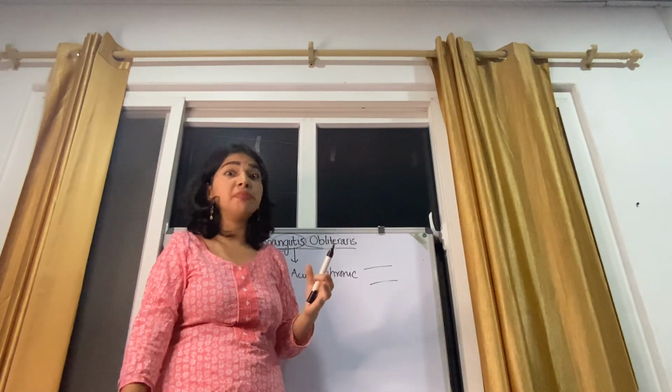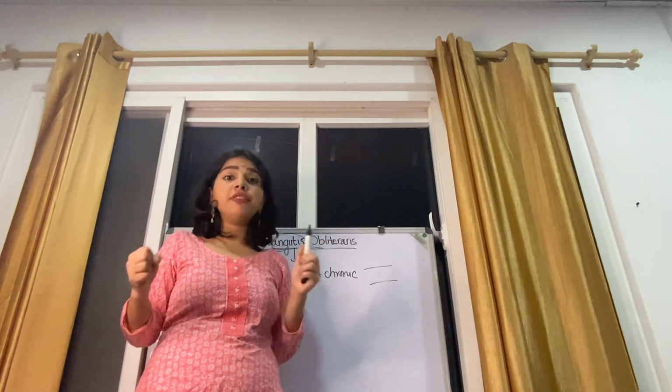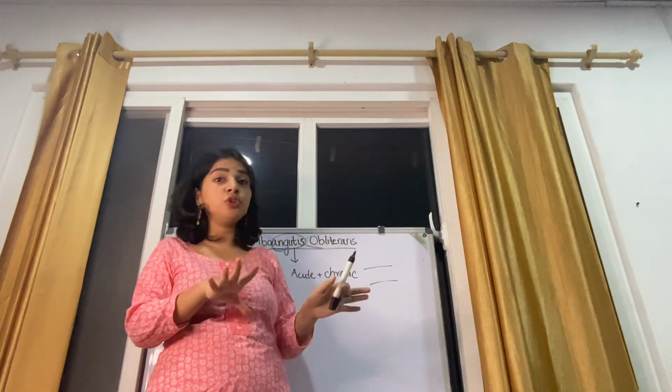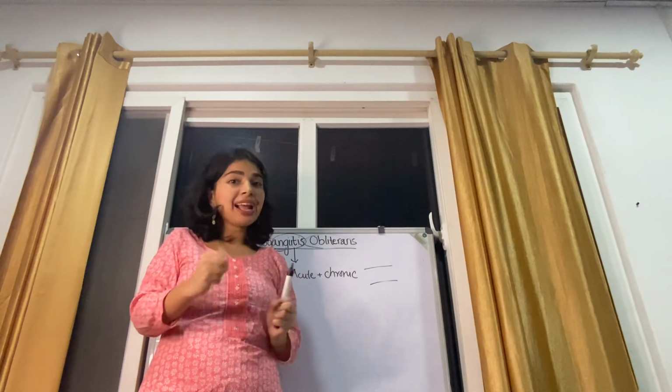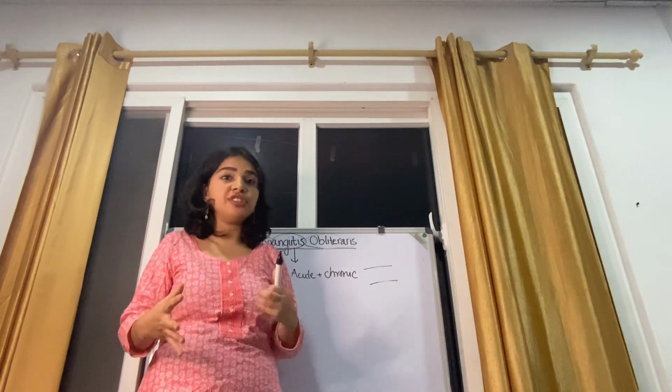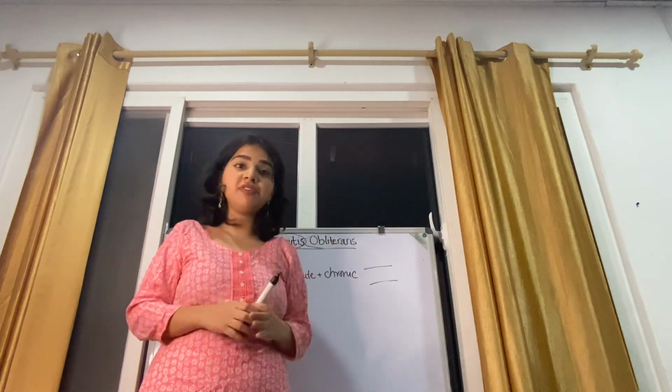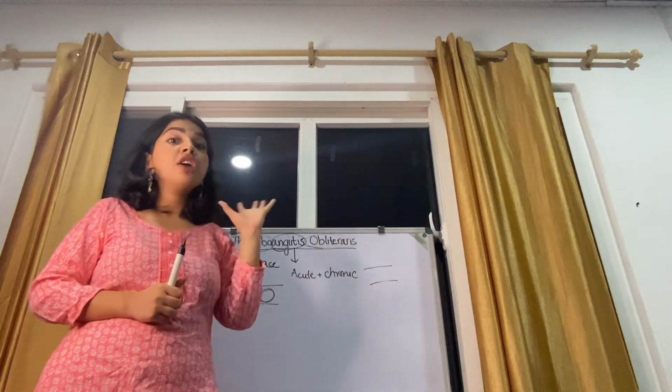The muscles in the legs will start to pain if you exercise. But if you take rest, you will be all right. When it is active, it will start aching because you require more oxygen during exercise. So that is called claudication.